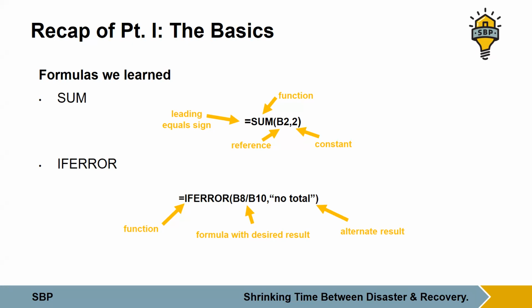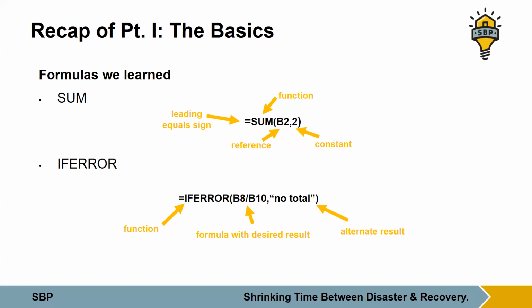The first variable is a formula with a desired result. And then after the comma, there's an alternate result. So if there is an error, for instance, if I divide by 0, I'll get an error. And if that appears, it'll tell me whatever I put in the second part of the formula.